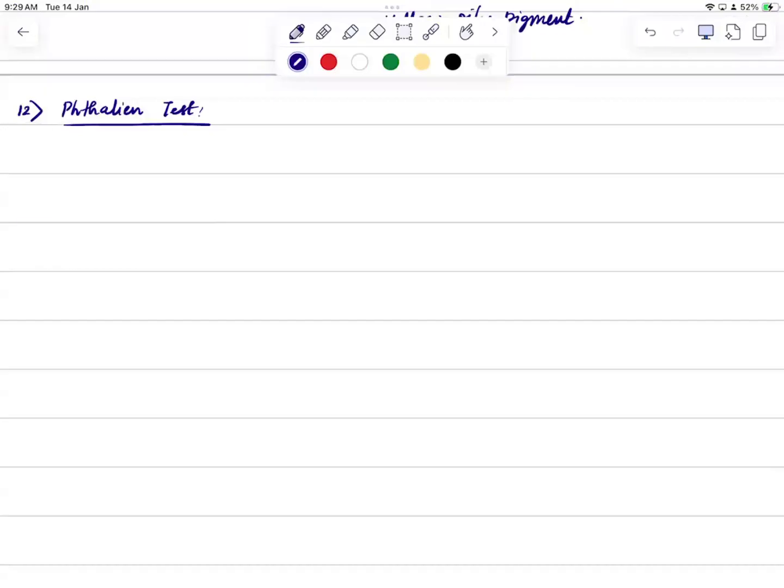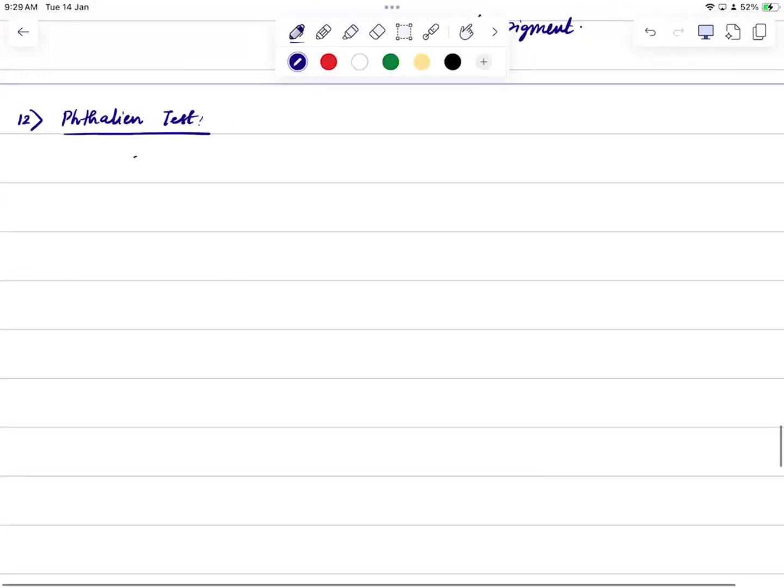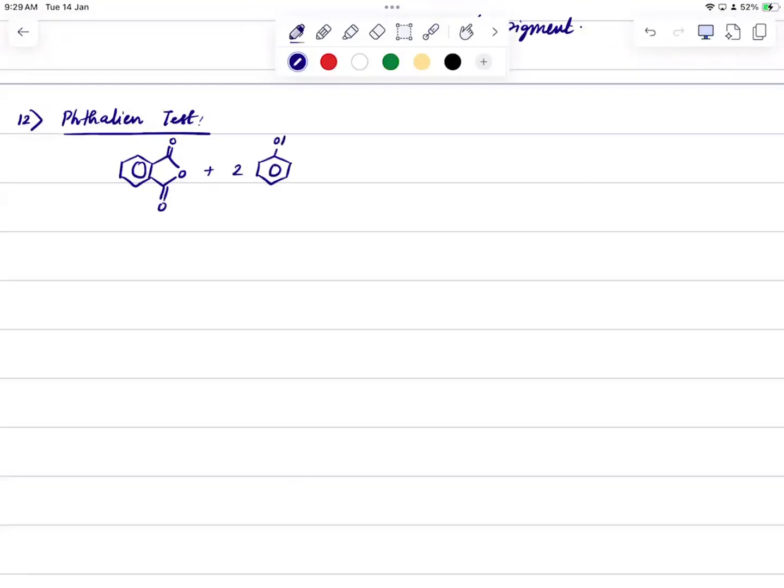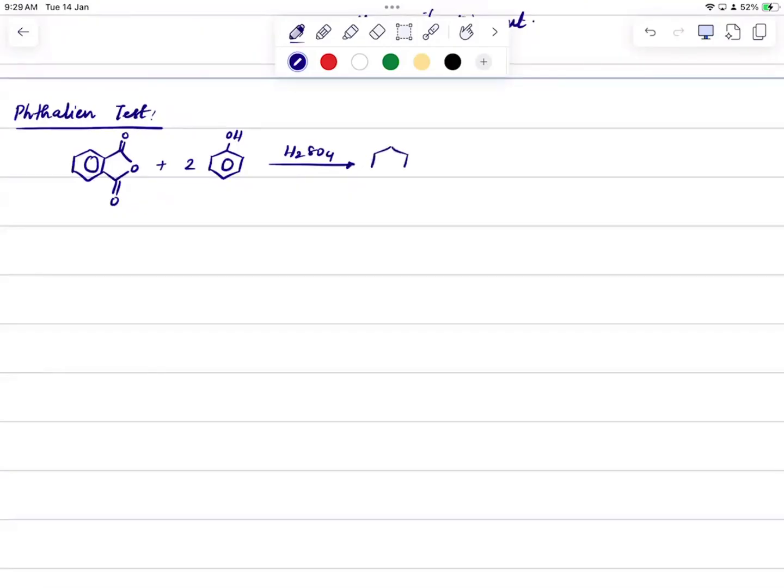Okay, formation of phenolphthalein. Suppose you have phthalic anhydride, treating with 2 moles of phenol in the presence of H2SO4, then you will get the same phthalic anhydride like this.